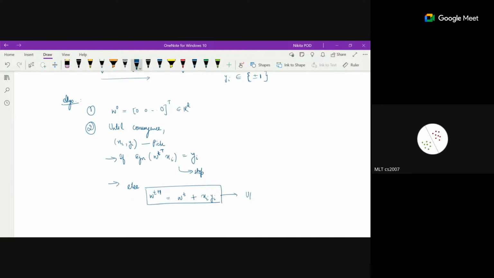suppose you have some data points, one data point here, one here, and one here. This one is -1, and these we are saying the label is +1.